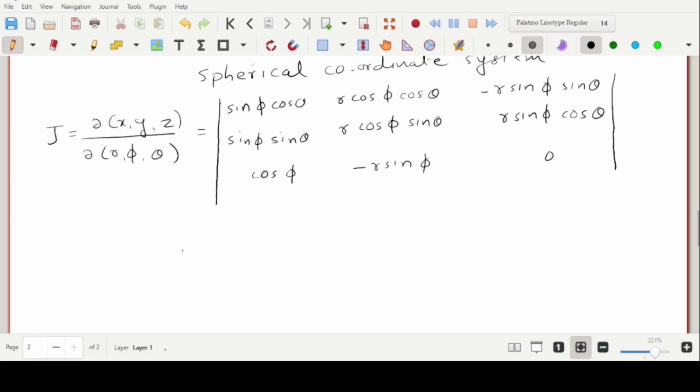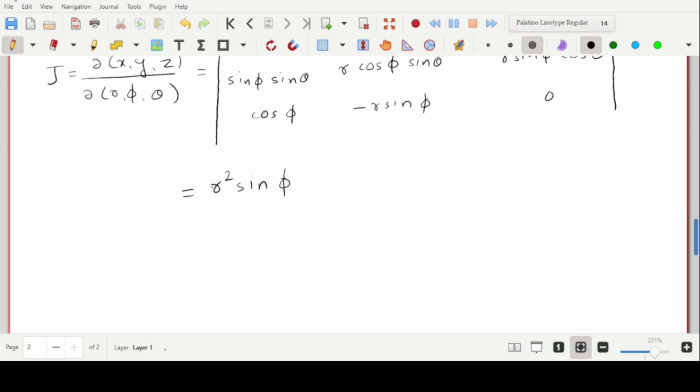So when we compute this determinant, it turns out to be r square sine phi. I have checked this, you can check it for yourself. This turns out to be r square sine phi. Alright, so this is the Jacobian. Okay, good.